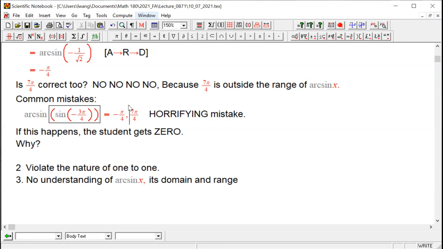Remember, we've been emphasizing the definition of function: for any input, there's exactly one output. You cannot have more than one, and you cannot have less than one. You must have exactly one. Now you have two. Do you know how bad that is? That's why there's no partial credit. None.